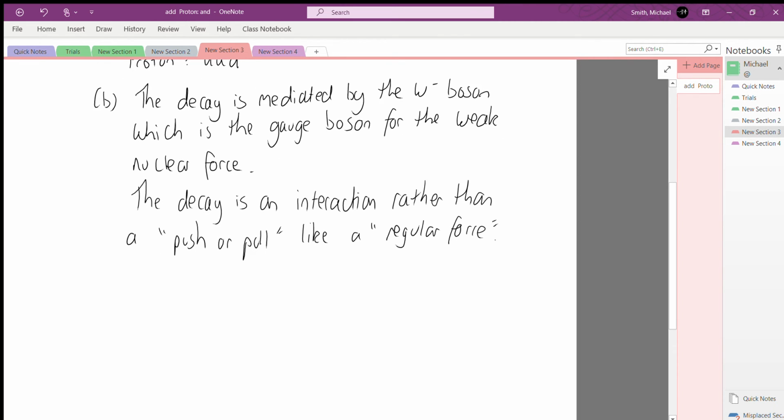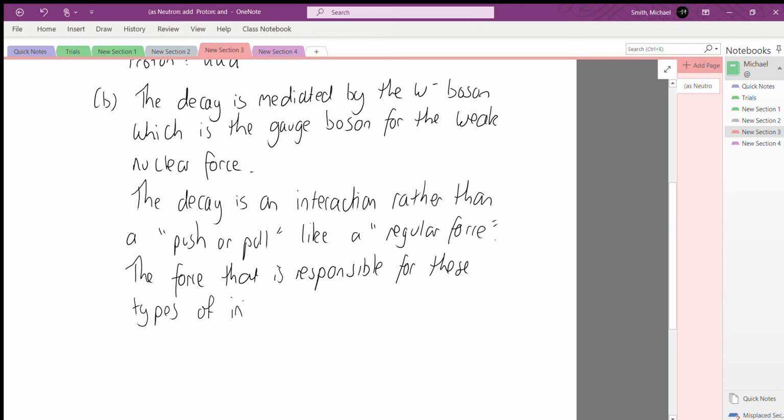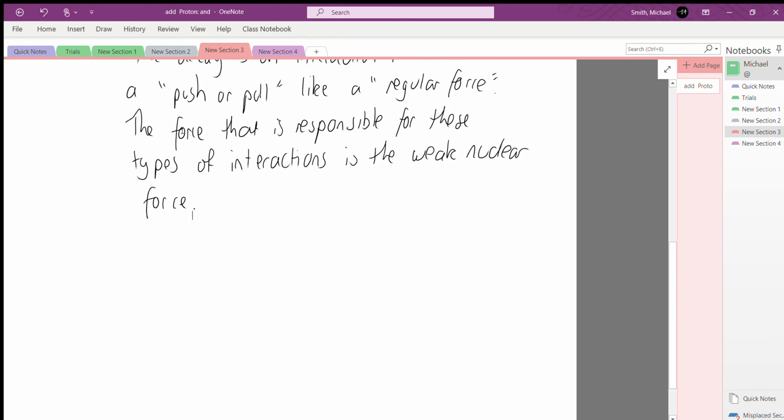The force responsible for these types of interactions is the weak nuclear force. So there are 2 reasons why that must be the weak nuclear force.